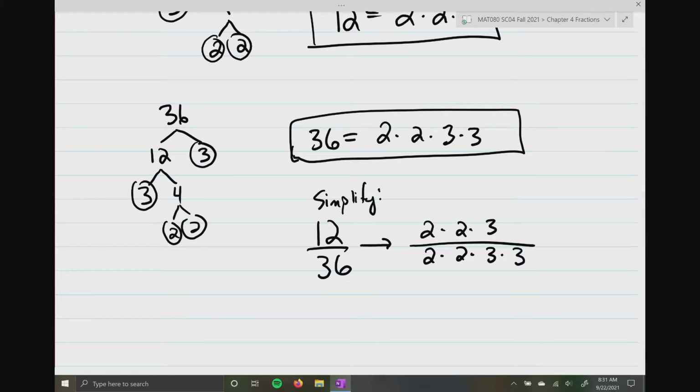Now, do you notice anything that is the same in the top and the bottom? Yes or no? Yeah, how about right here? 2 over 2. What does 2 over 2 equal? 1. Very good. So put a 1 there. What about right here? What's 2 over 2 equal? Just 1.